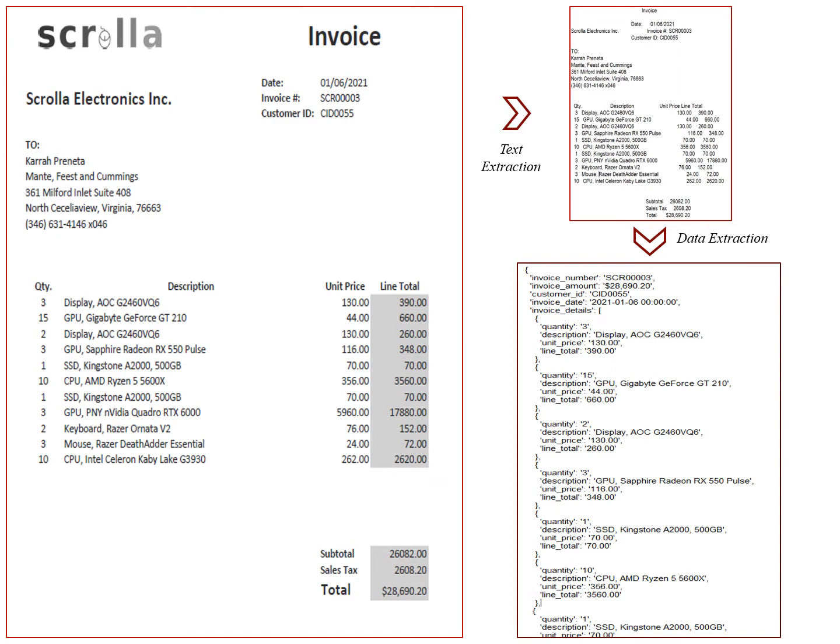So we're going to use an invoice, a fictitious invoice by a company called Scroll Electronics. This is fictitious data, but it is in PDF format. We are going to extract the text from here. This can be done by RPA, or by an external program. Once the text is extracted, the biggest part is extracting the data, and the data gets extracted in key value pairs from this invoice.